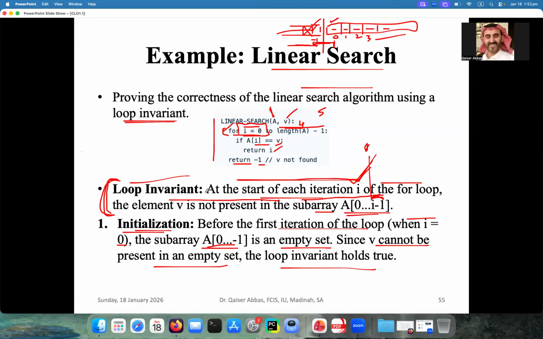And here I have made my loop invariant: at the start of each iteration i, or you can say at the start of the iteration when i is equal to 0, element V is not present in subarray A[0 to minus 1].